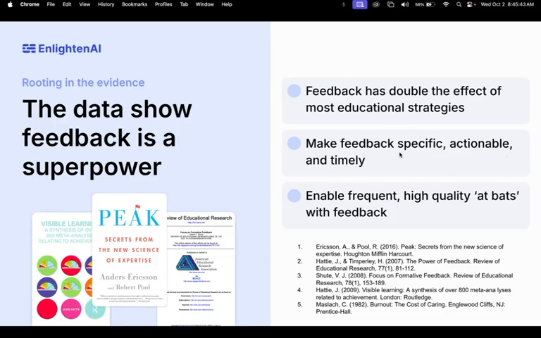That means that we got to get to what students are able to improve, those specific things, how they're able to do that, steps that they could take, and it needs to be timely. They need to be in this process right here. So if we can give them frequent, high quality at-bats, right, just like the teacher shared her at-bats in batting practice with feedback, we could see improvement in writing.